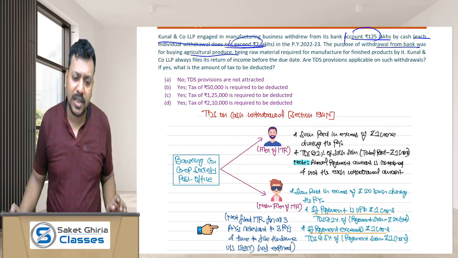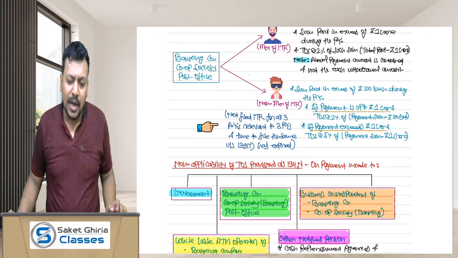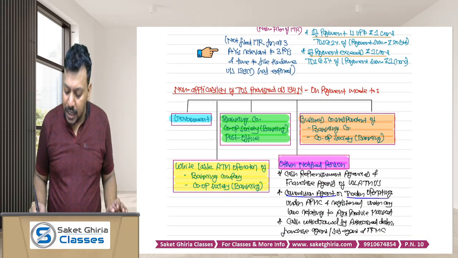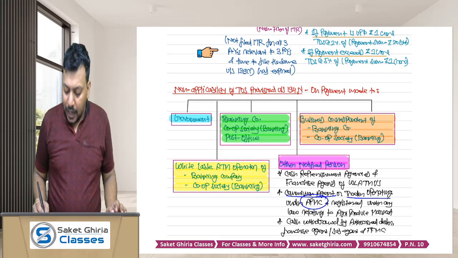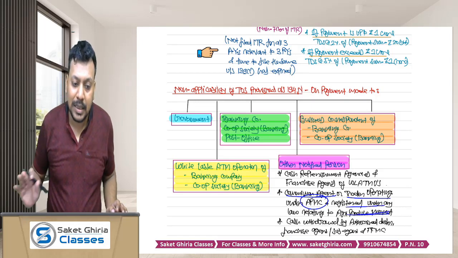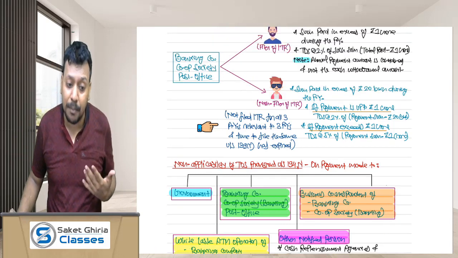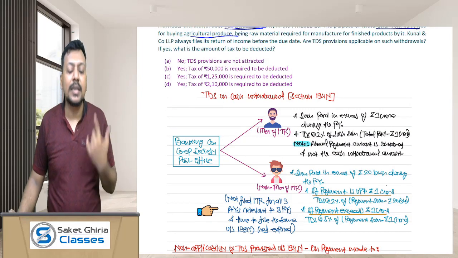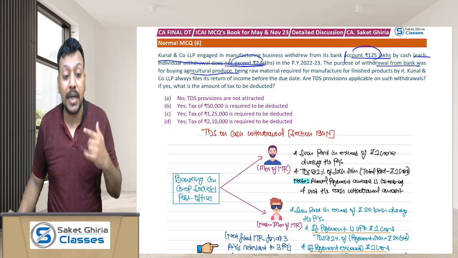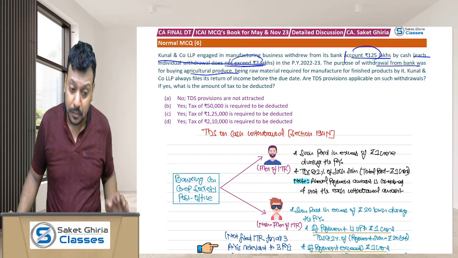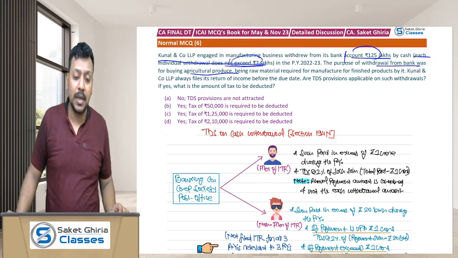Yes, there is an exception concerned with agriculture, that if the withdrawal is being made by a commission agent or trader operating under an agriculture produce market committee and they are registered under the relevant act, then 194N is not attracted. But Kunal and company is neither a commission agent nor a trader, so 194N would be attracted in this case, and there is no exception under which Kunal and LLP is covered.